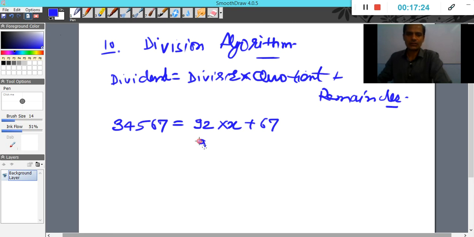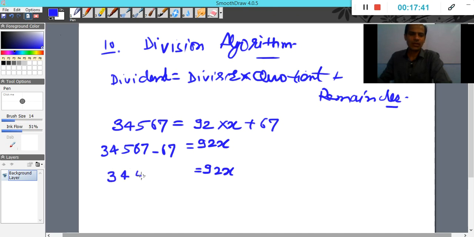So it is 92x equals 34567 minus 67. Again 92x equals, if you subtract 67 from this number, we have 34500. Finally we have to find out the x.